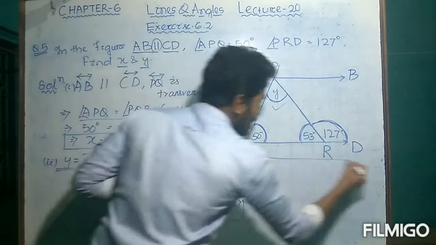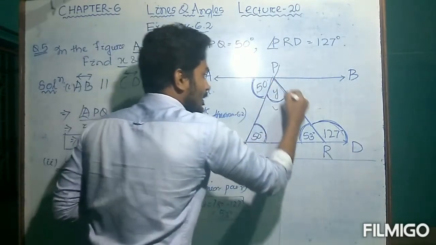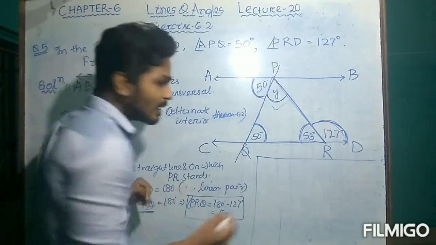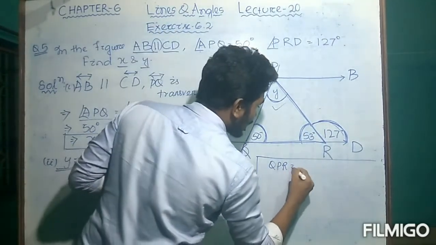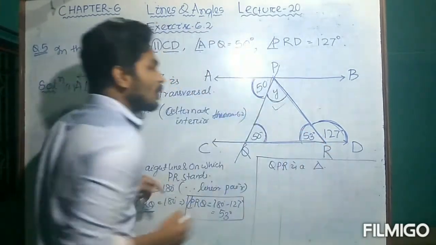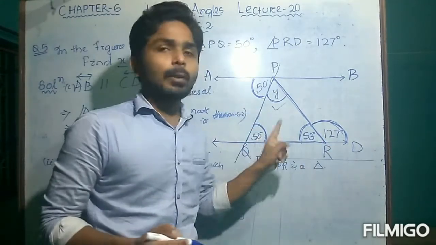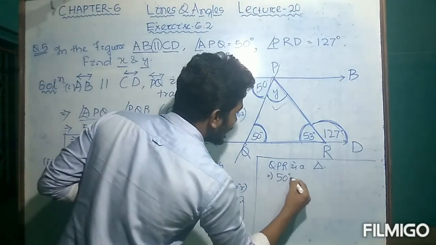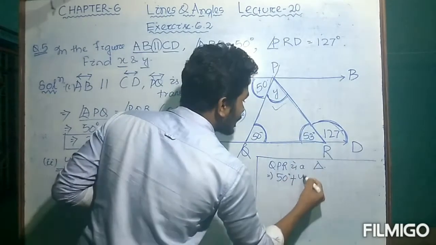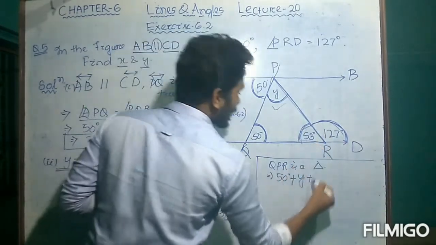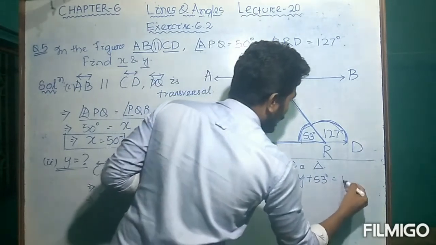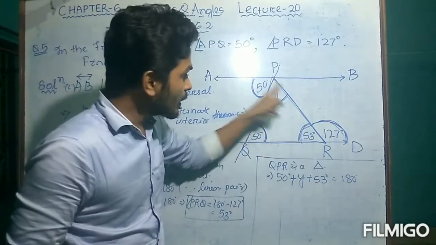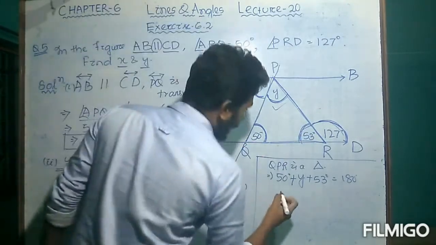For this, consider this triangle. QPR is a triangle. Now in a triangle, the sum of the three angles is equal to 180 degrees. So this angle, that means 50 degrees, plus this angle y, plus this angle 53 degrees is equal to 180 degrees, because the sum of three angles of a triangle is equal to 180 degrees.